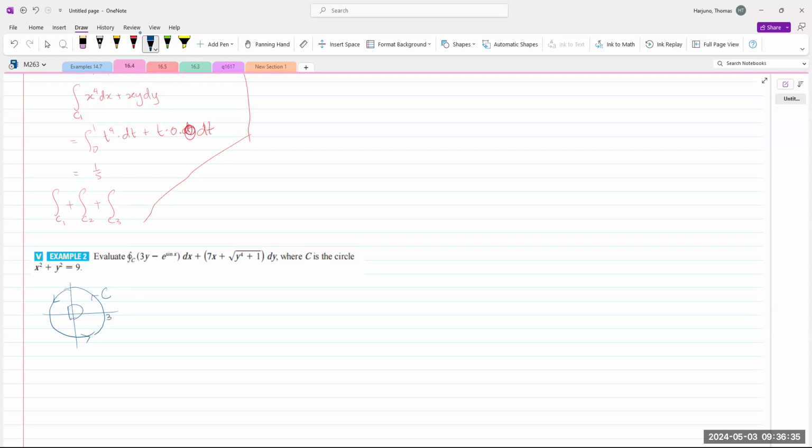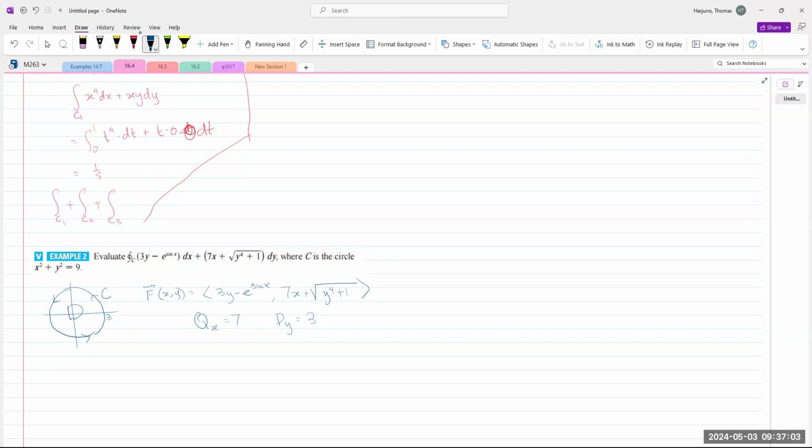Okay? Now then, notice that the vector field F is ⟨3y − e^(sin x), 7x + √(y^4 + 1)⟩. Now, q sub x will be 7, p sub y equals 3.